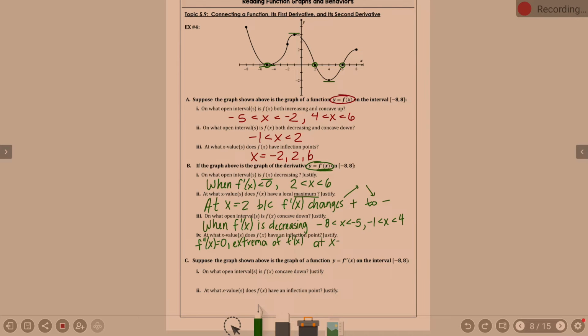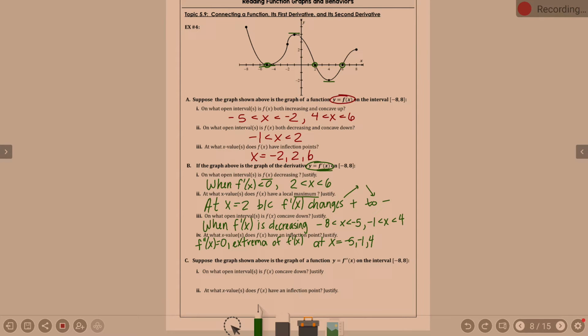At x equals -5, -1, and 4. And those are all places that the second derivative equals 0. And what also has to change? The sign changes, right?